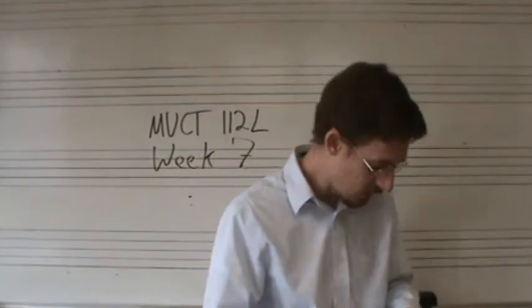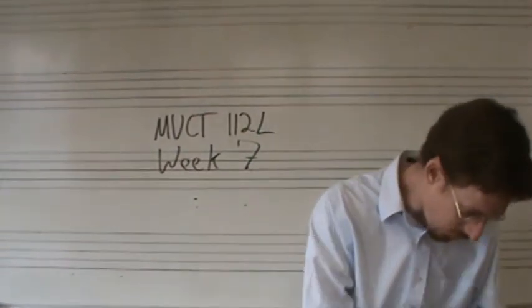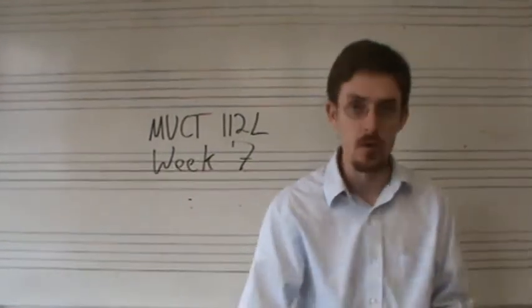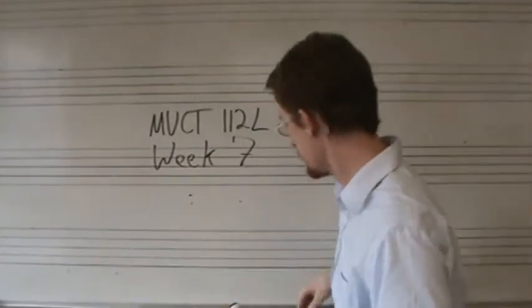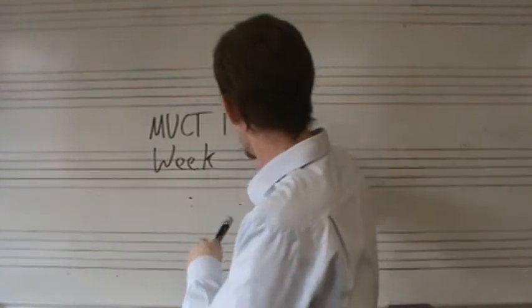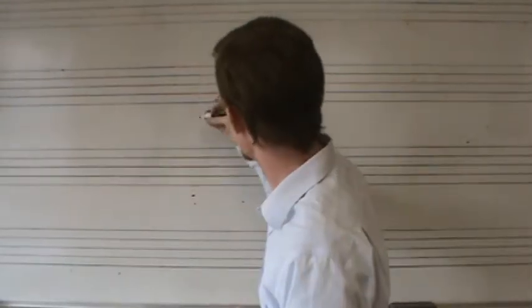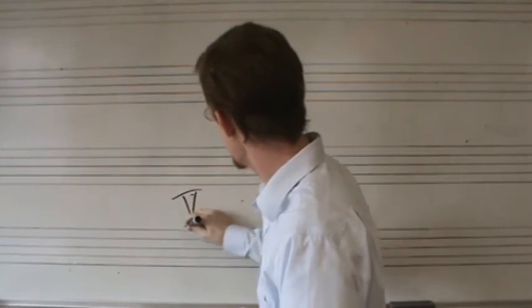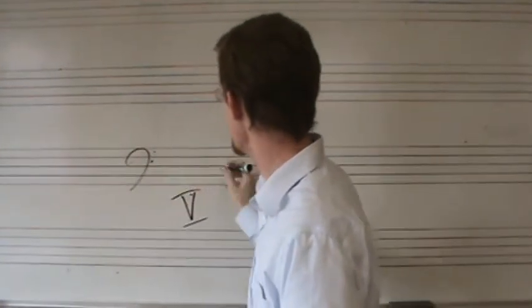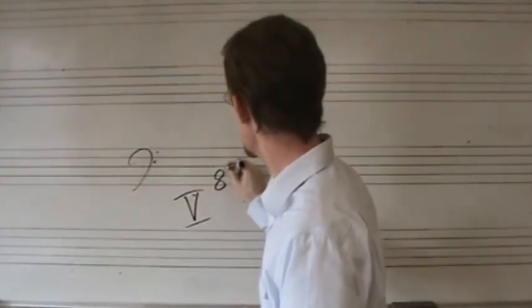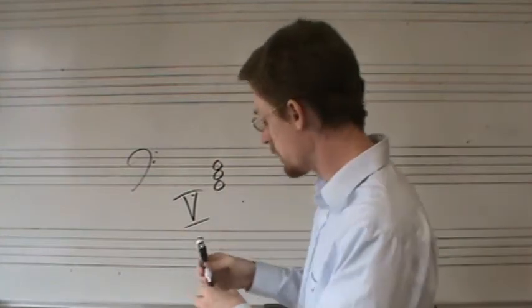All right? And let's jump right into the Berkowitz book. Remember, in Friday's class, we talked about the outline of the 5 chord. If we're in bass clef C major, that is sol, ti, and re.